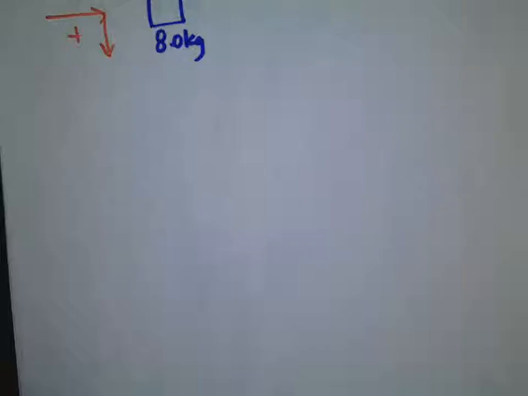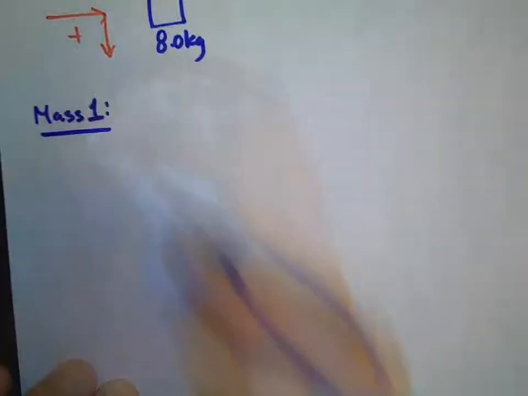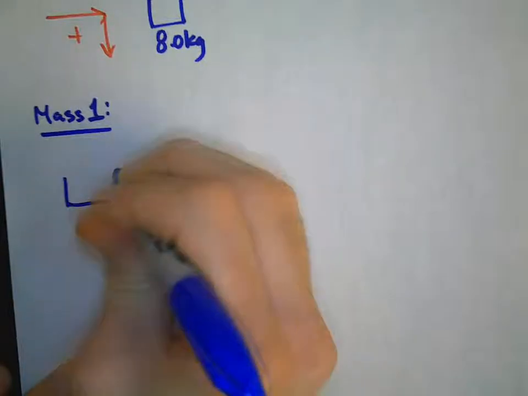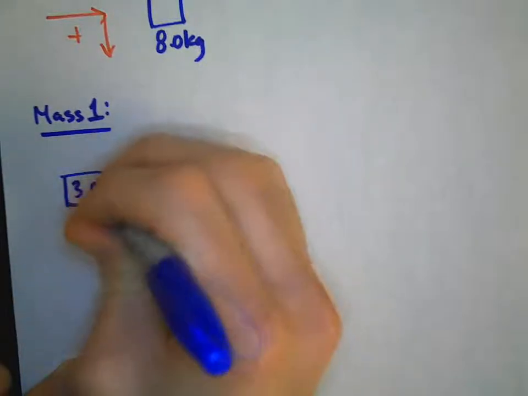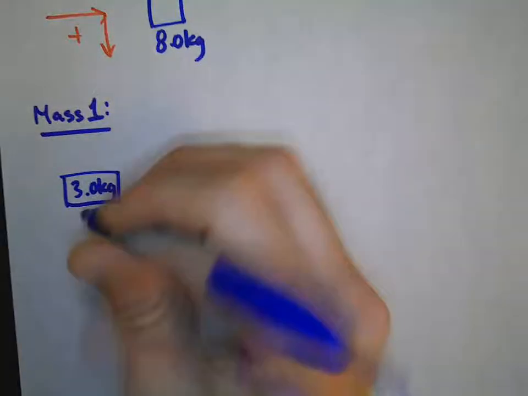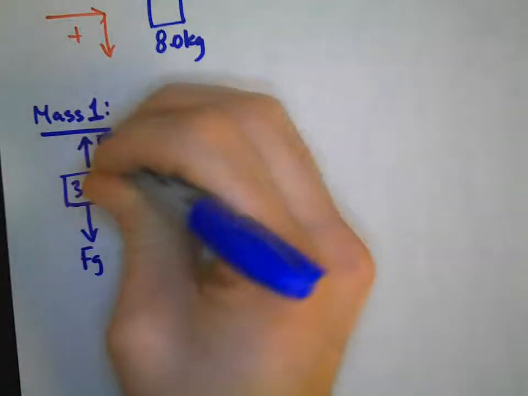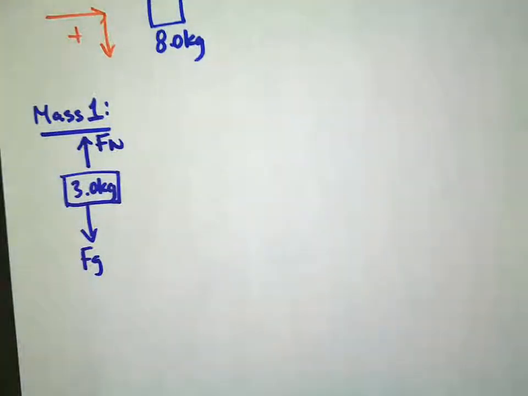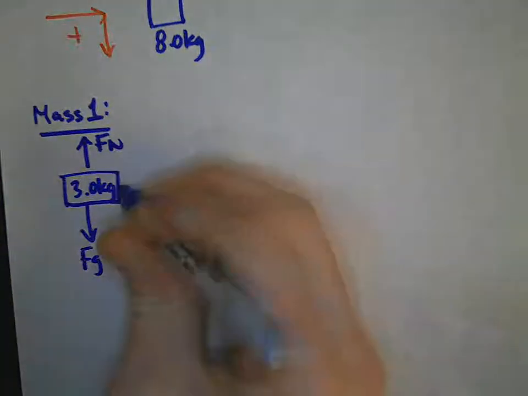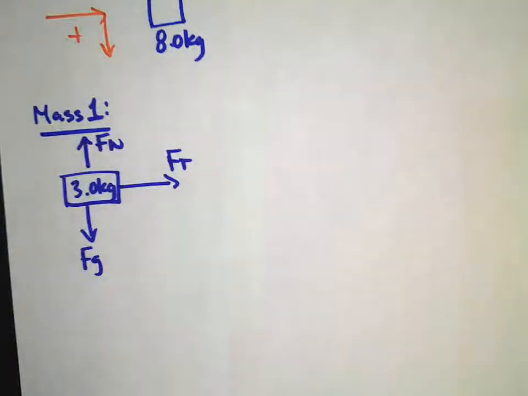For mass 1, we see that we have our 3 kilogram mass, and what are the forces acting on this 3 kilogram mass? Well, since it's in contact with the table, we clearly have a force of gravity and our equal but opposite in direction normal force. We do have our tensional force from the string going in the right direction, in our positive direction.